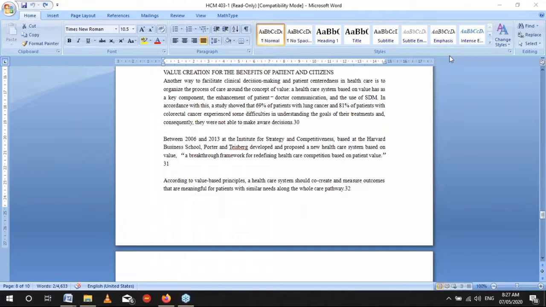There are two major ways by which you can facilitate clinical decision making. Number one is the use of standard methods. The second one is patient-centered care. And I explained the two.